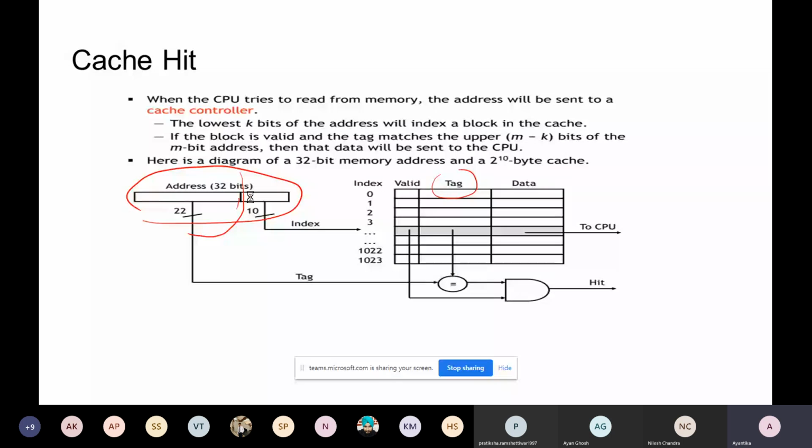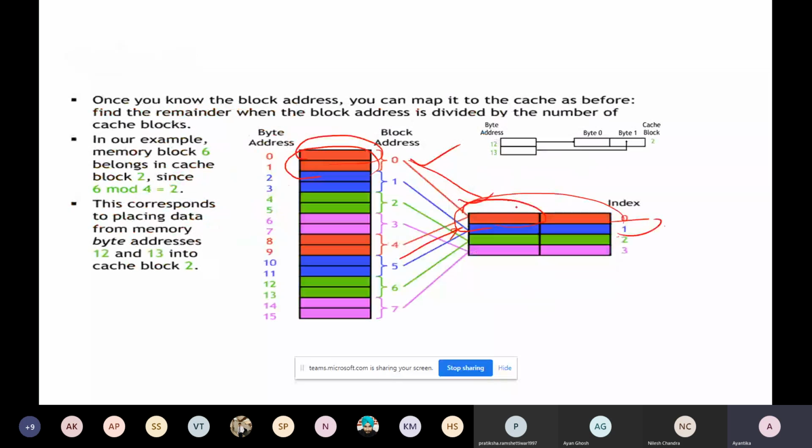Index means you can come here, you can see that, based on the byte address, both are mapped to the same cache line. But these are the cache blocks, byte 0 and byte 1. Maybe that way to map these 2 cache blocks, for each one of them you need at least 1 bit, where the 0 will signify maybe you are pointing to the one cache block, and 1 will signify that you are pointing to the other cache block.